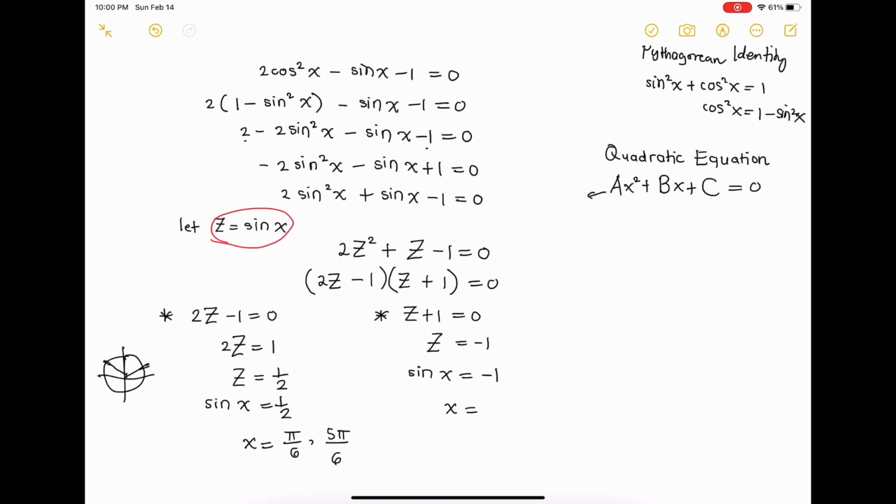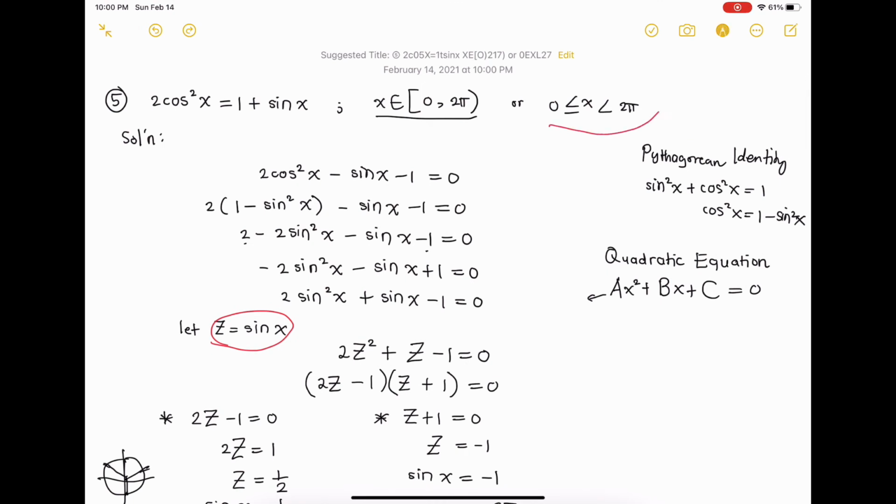Second part, x equals, find an angle such that the sine is negative 1. The answer is 3 pi over 2. So we have 3 answers, which are part of the given interval from 0 to 2 pi, 0 inclusive.